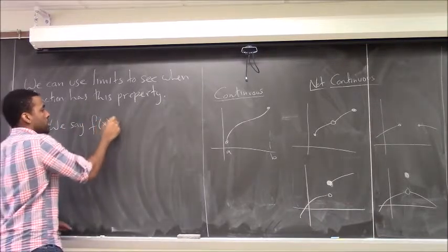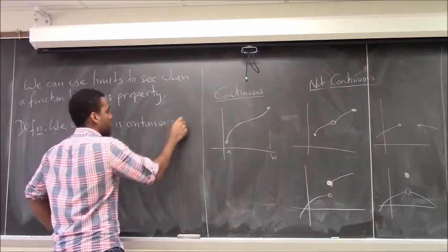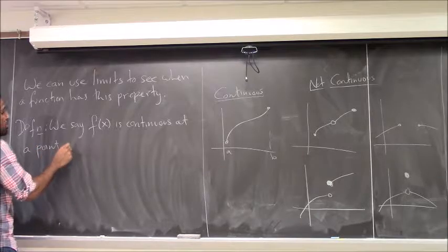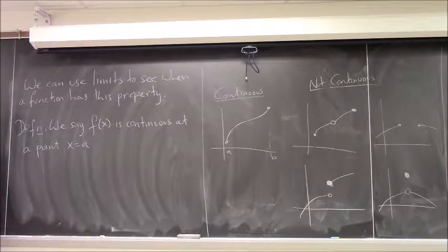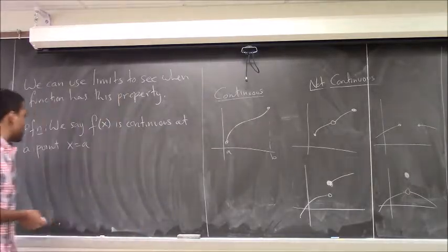We say f of x is continuous at a point x equals a, right? So I pick some x value and I want to talk about what it means for the function to be continuous at that point.